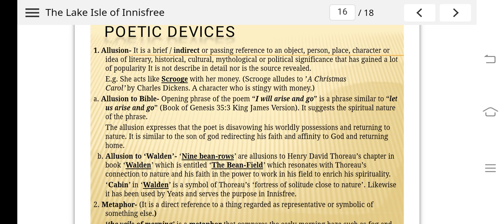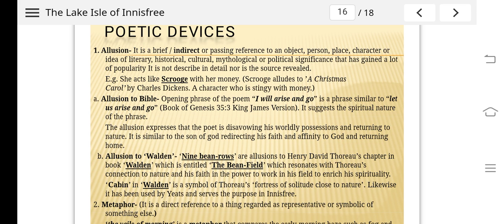Now, allusion to the Bible. The opening phrase of the poem, "I will arise and go," is similar to "Let us arise and go." It has been written in the Book of Genesis 35, subsection 3, King James Version.